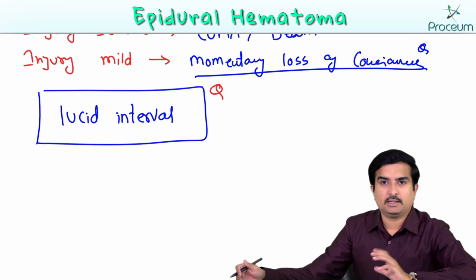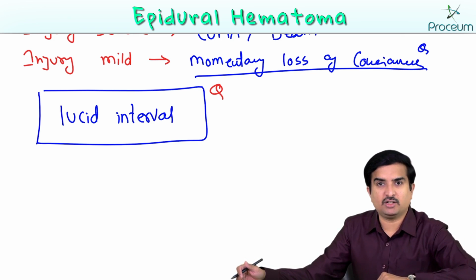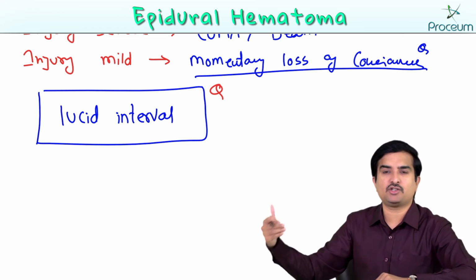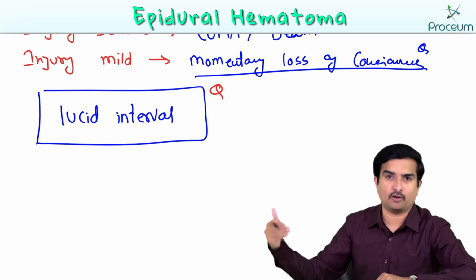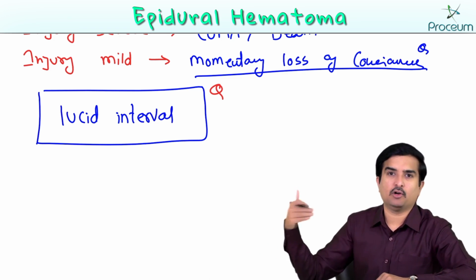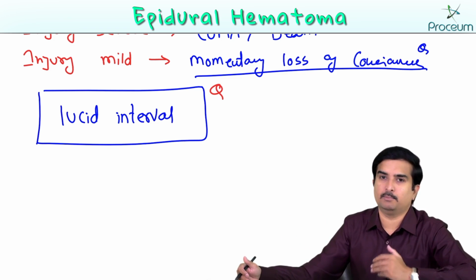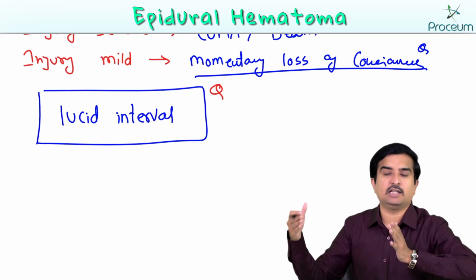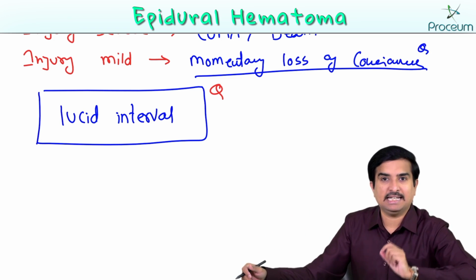After that, the time period is called the lucid interval, with recovery of consciousness, followed by deterioration of his condition over a period of time. That may be hours also, right? That is mainly because of continued arterial bleeding and expansion of the hematoma. So this is called the lucid interval.